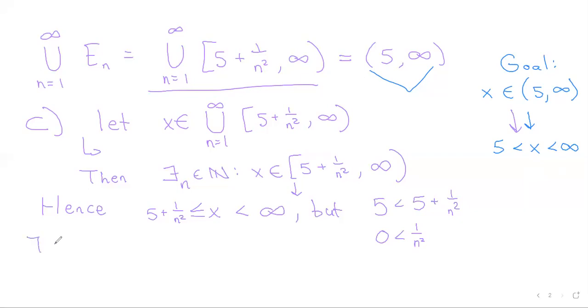So, therefore, by transitivity, we see that 5 is less than that right there, and we will highlight these because that's what we want to write. 5 is less than x and less than infinity.